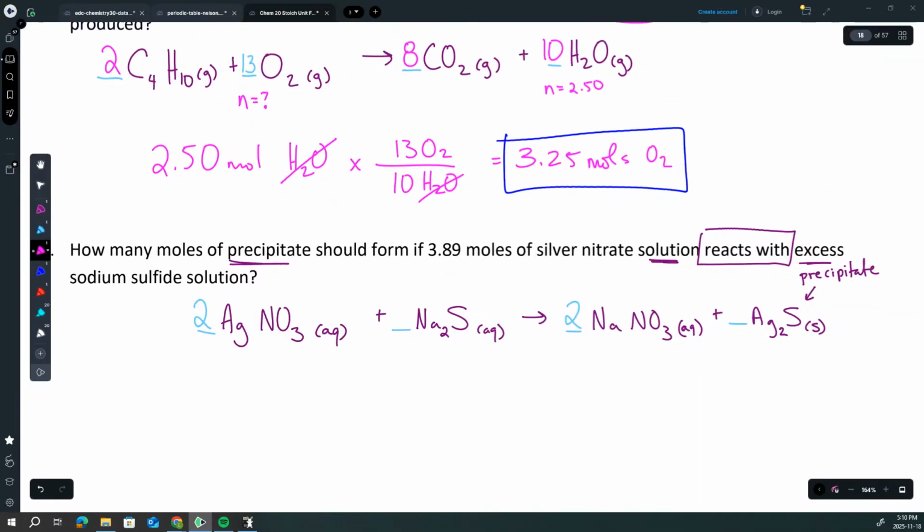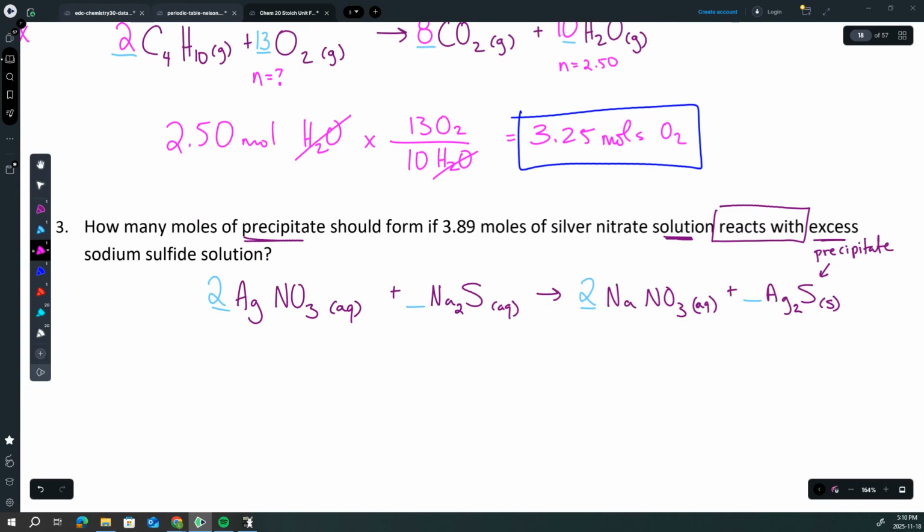All right. So, how many moles of precipitate? Well, silver sulfide, that was our precipitate. We got no clue how many moles of that is going to form. So, if we have 3.89 moles of silver nitrate, so we know that, so 3.89 moles of this.